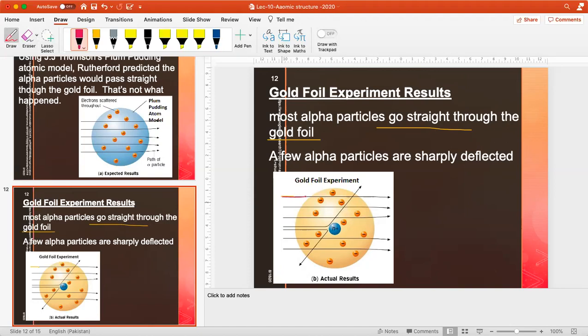When this ray was passing, it touched nothing. So all the rays that passed did not touch anything, right? And they passed easily. But two of the rays struck this center blue part, and when they hit the blue part they got deflected.